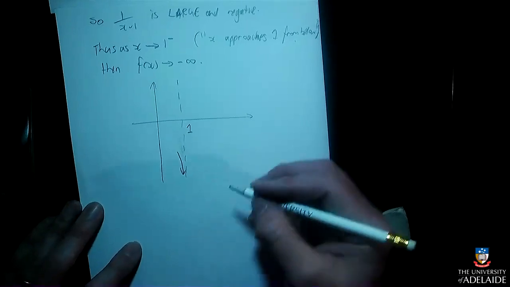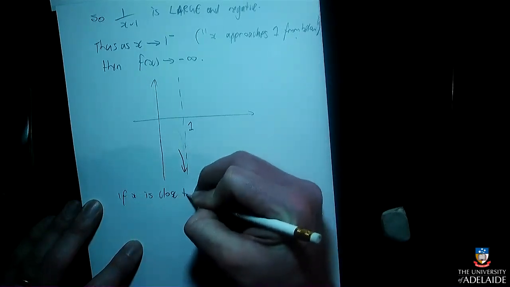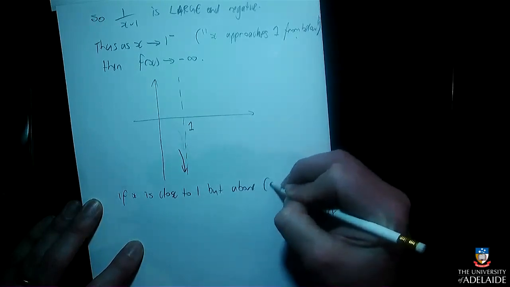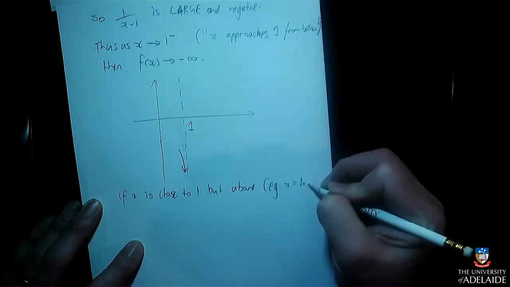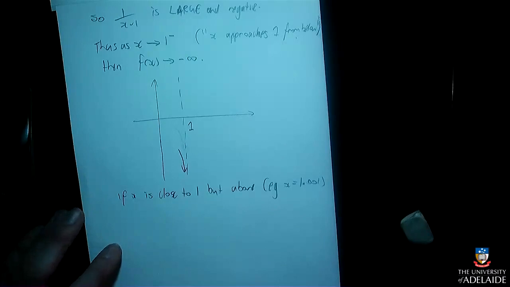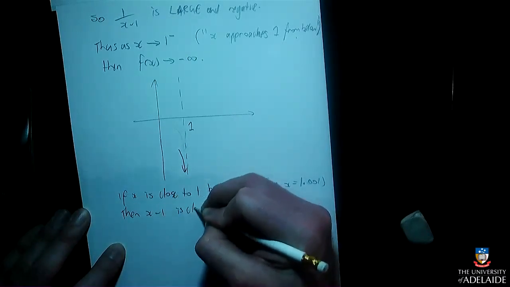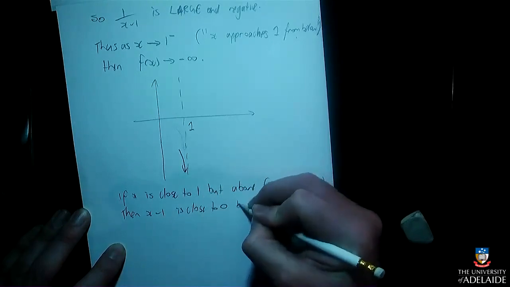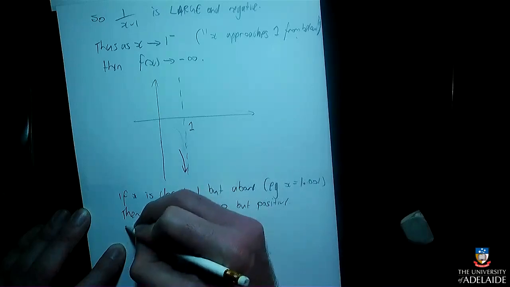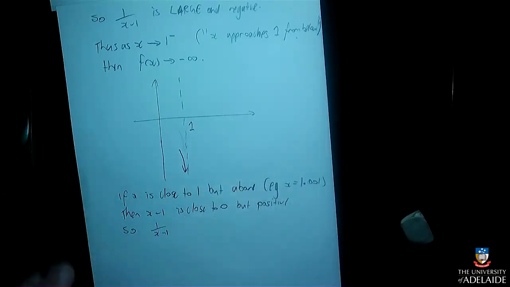Okay, now if x is close to 1 but above, e.g. x is like 1.001 or 1.0001 for example, then x minus 1 is close to 0 but positive. And so therefore 1 over x minus 1 will be 1 over something close to 0, which would be a really huge number.